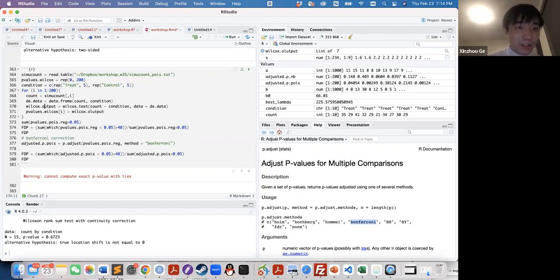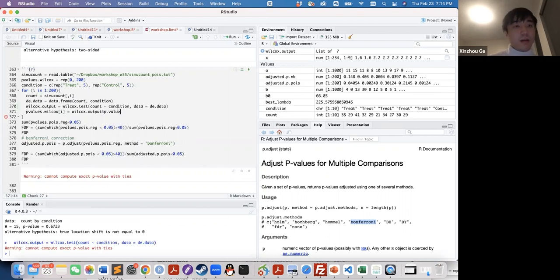Okay, a typo. Okay, this is how we can use the Wilcoxon test to calculate the p-values for each of the genes.